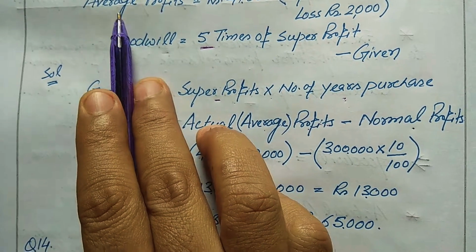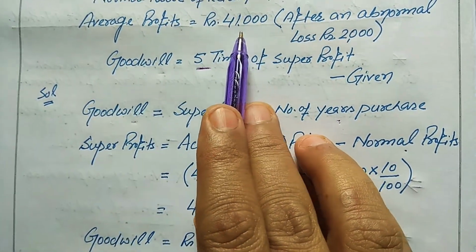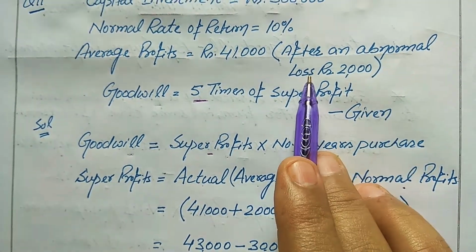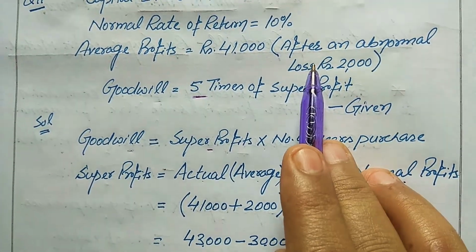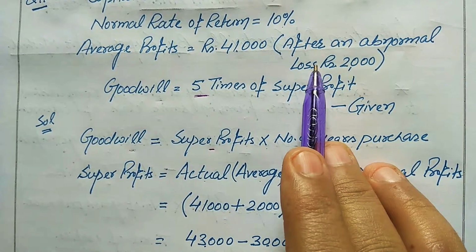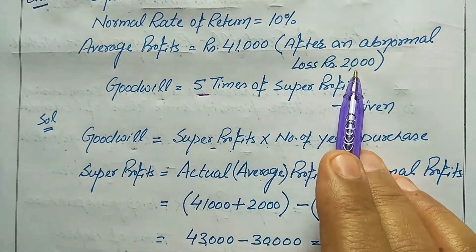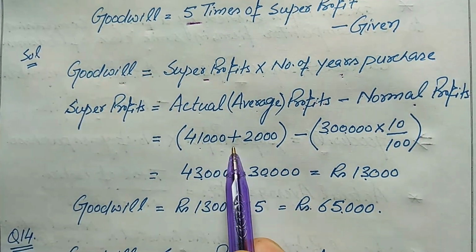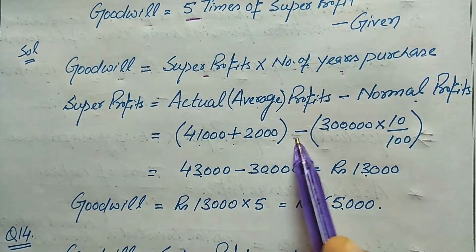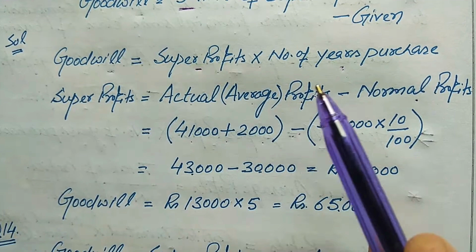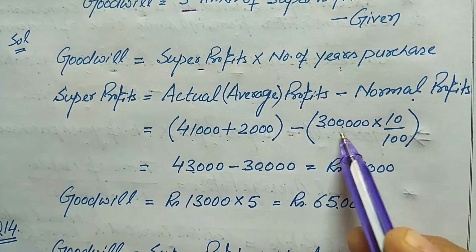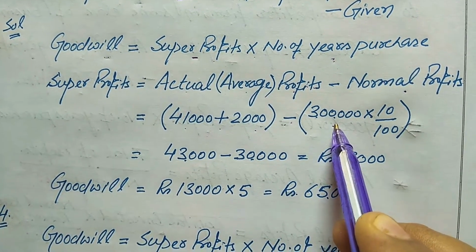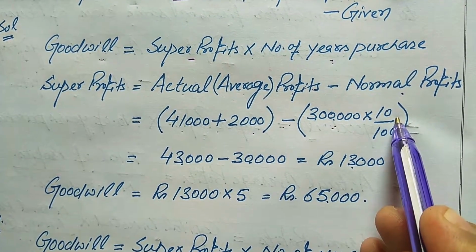We have average profit given in the question. It is rupees 41,000, but it is after an abnormal loss, and we know about the treatment of abnormal loss given in the question. It will be added to the given profits. That's why 41,000 plus 2,000 minus normal profit. We know the formula of normal profit: capital invested multiplied by normal rate of return.